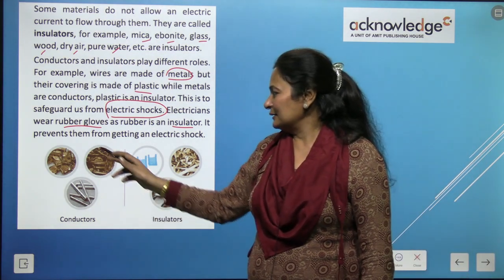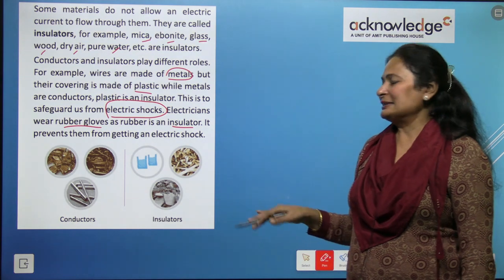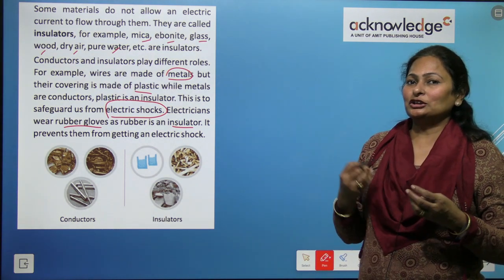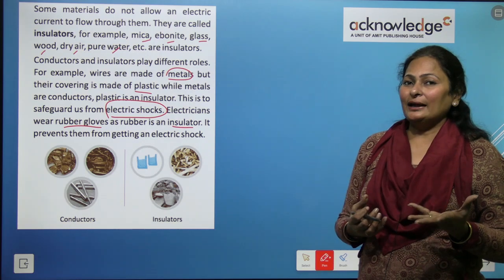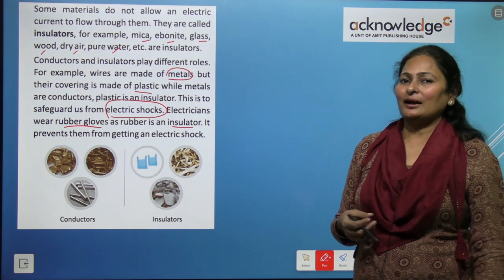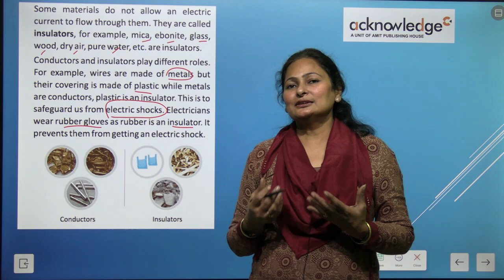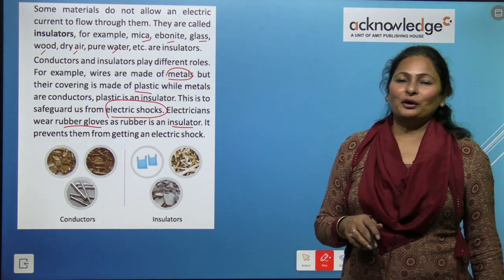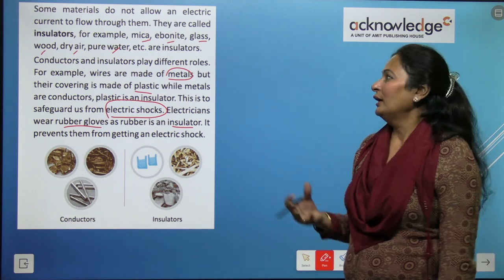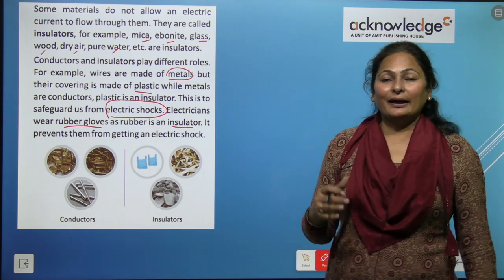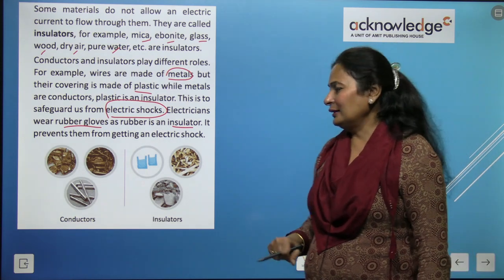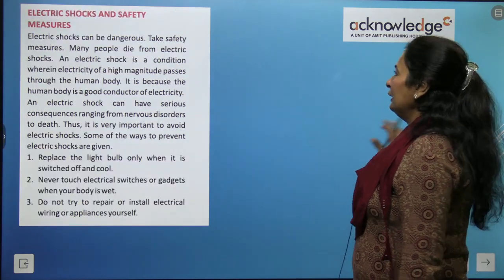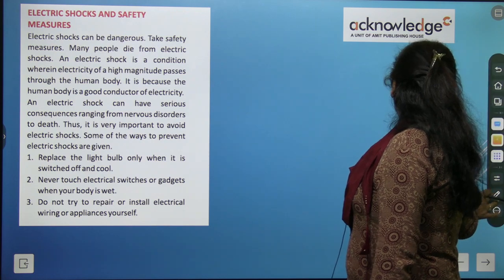So conductors are gold, silver, copper, salt solution and moist air, whereas the insulators are plastic, rubber, mica, ebonite, glass, wood, pure water and dry air.